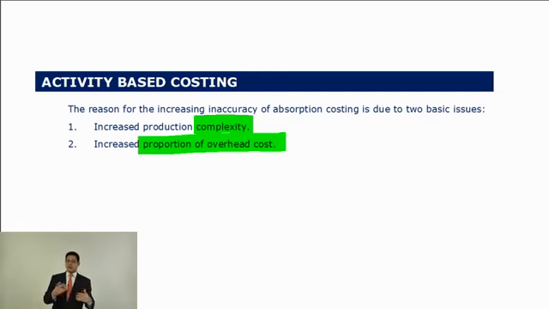As per a study done by one of the professional institutes a couple of years ago, about 50 years ago production was very simple and very small, and the proportion of overhead cost in one unit was approximately 5 to 6%.